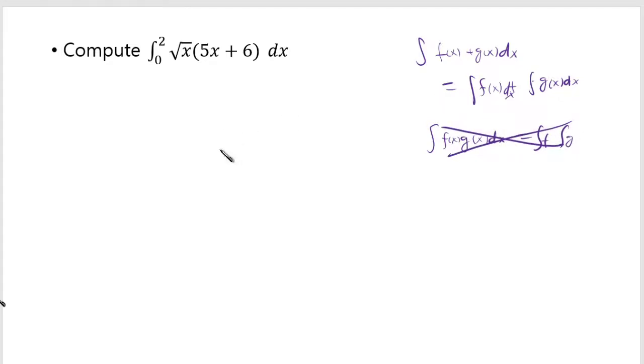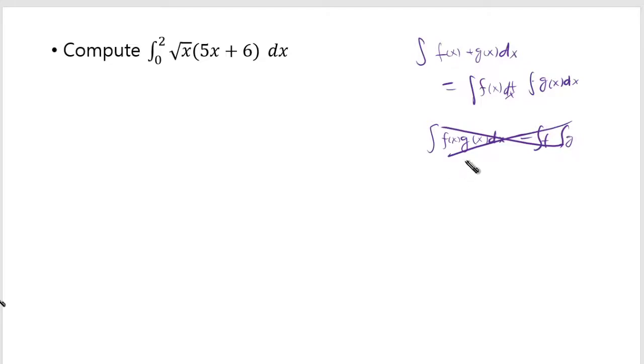And the reason for that is because antiderivatives, by the fundamental theorem of calculus, this definite integral uses the antiderivatives, but antiderivatives are from derivatives. And for derivatives, if you have f times g and you differentiate, you get this very complicated thing called the product rule, right?